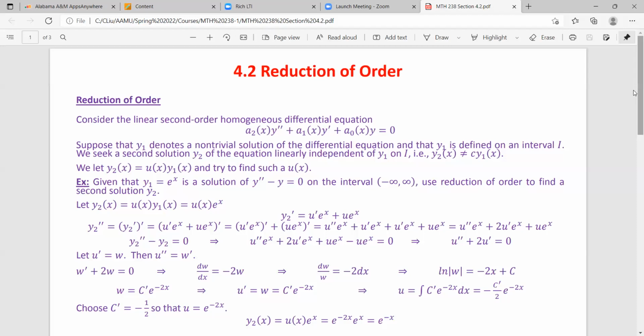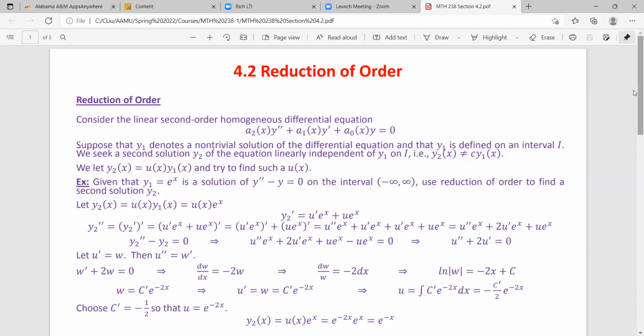And then we can plug in this y2 double prime, y2 prime, y2 into the differential equation and then rewrite it in terms of u, u prime, and u double prime, okay. So just plug in y2 double prime and y2 in the equation for this simple case.